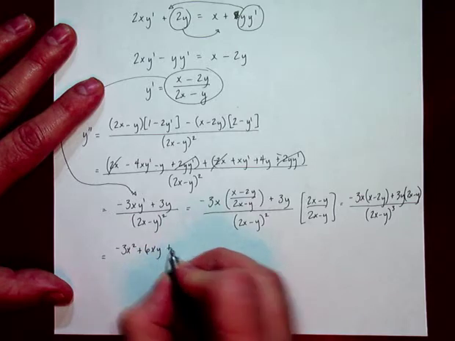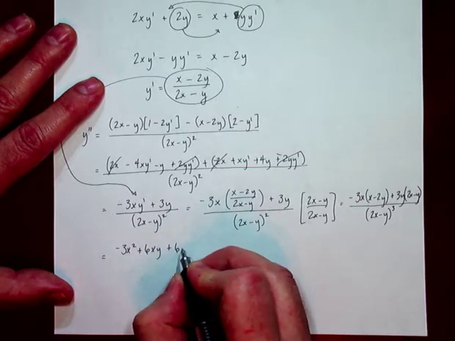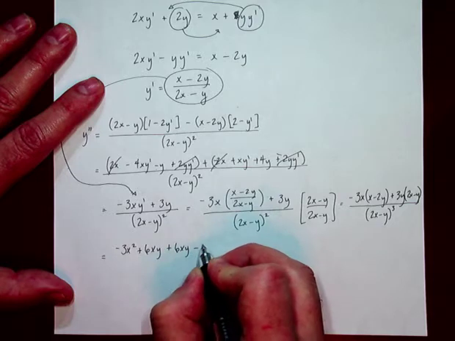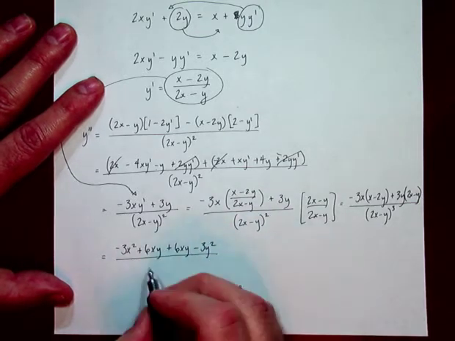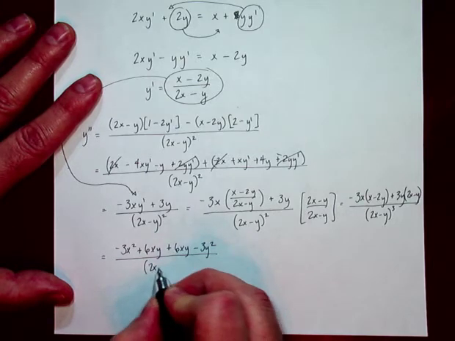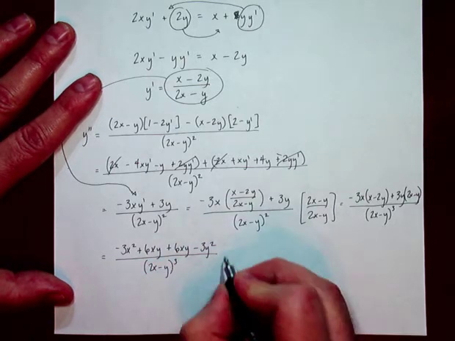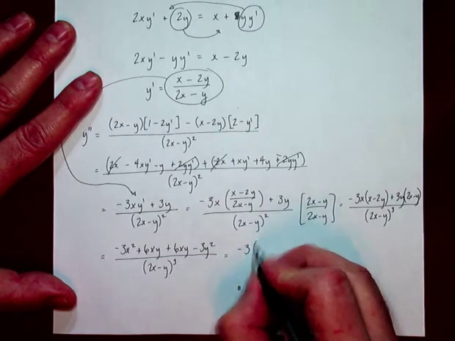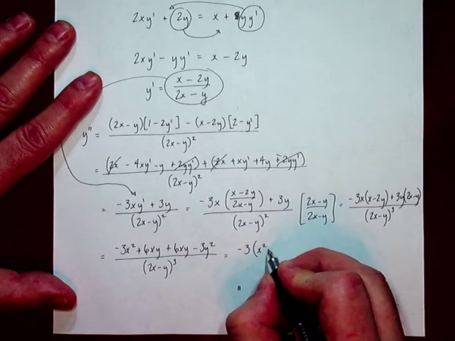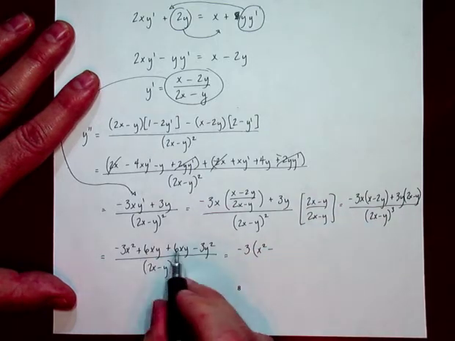6xy plus 6xy minus 3y squared. Yay! Looks like it's going to be kind of nice. And so we can pull out a negative 3. That's going to be x squared minus, and of course these are going to combine into 12xy.